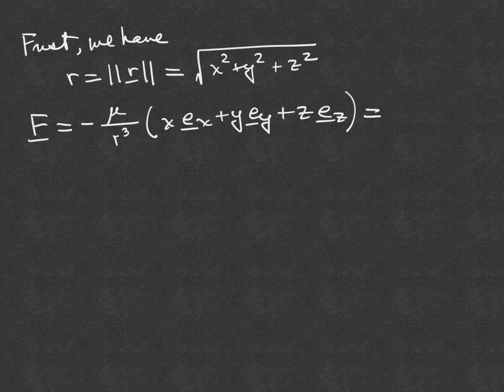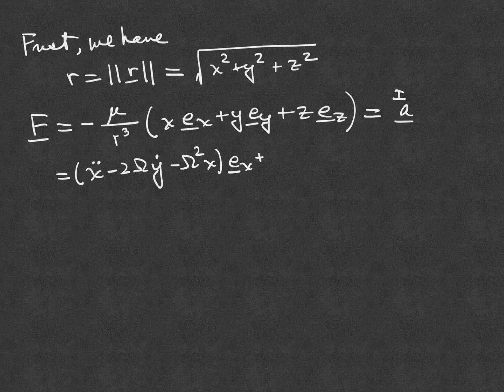And that has to equal the acceleration in I, which is equal to x double dot minus 2 omega y dot minus omega squared x ex, and then plus y double dot plus 2 omega x dot minus omega squared y ey plus z double dot ez.